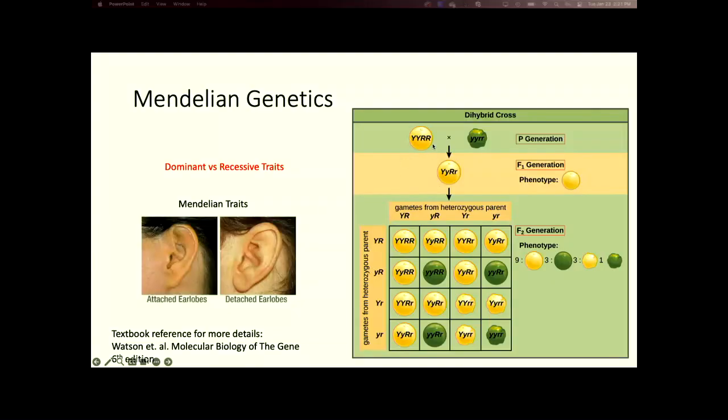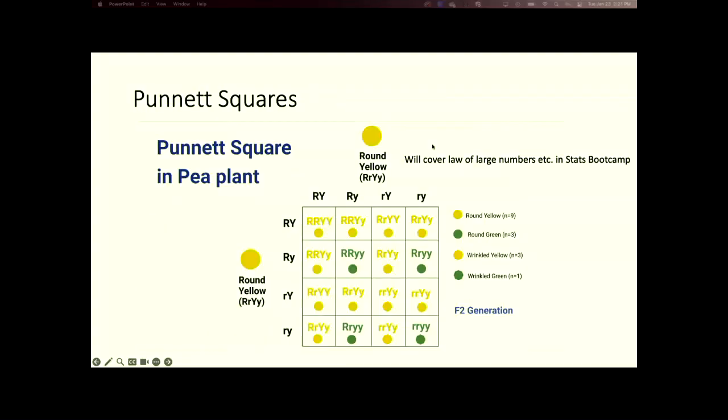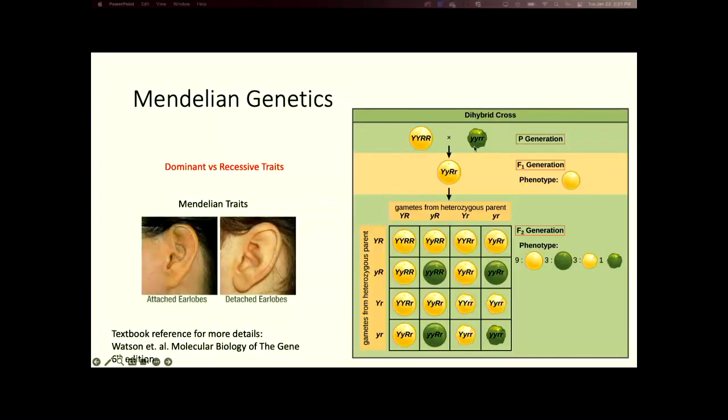So when Mendel was breeding peas, here's an example of a Punnett square from one of Mendel's breeding experiments. Say for his parent generation, he had a group of yellow, round peas and green wrinkled peas. We can see that we've denoted the yellow round pea as capital YYRR and the green pea as lowercase yyrr.